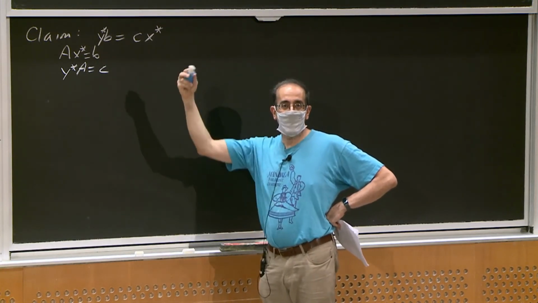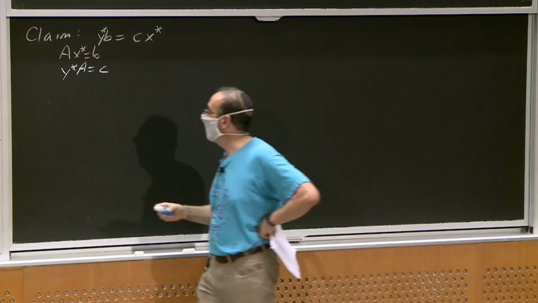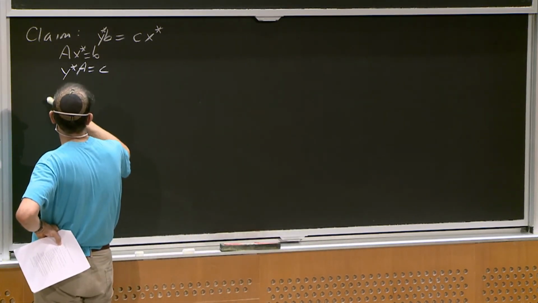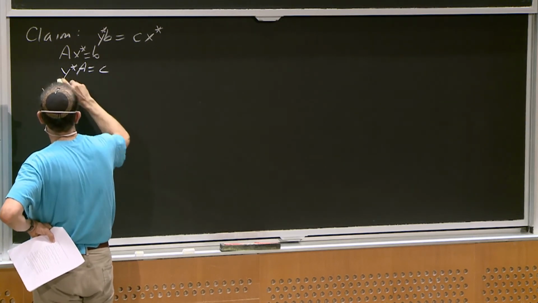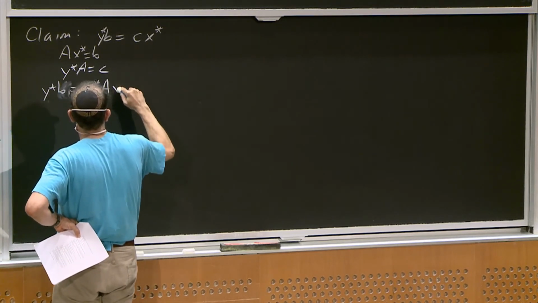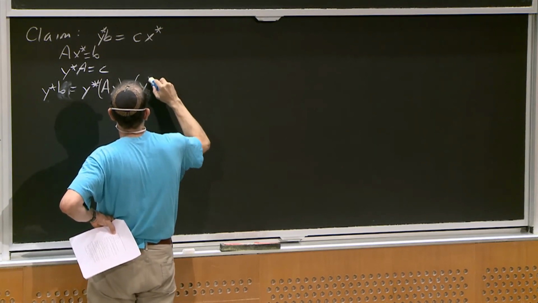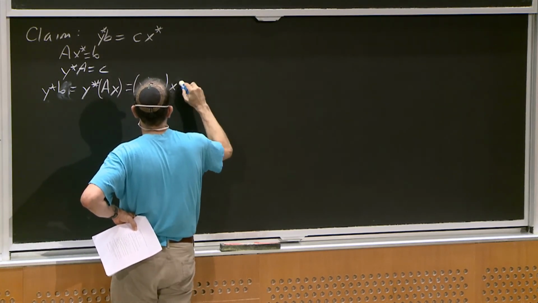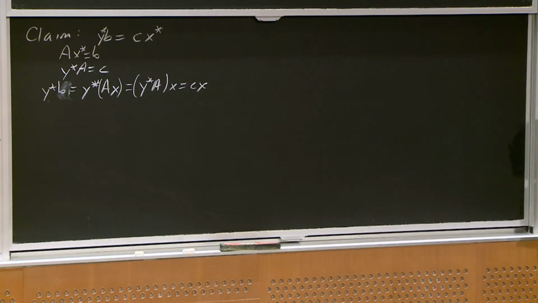That's how we picked our columns. And that, of course, means that y star b is equal to y star A x, which is equal to c x. So the two objective functions match.